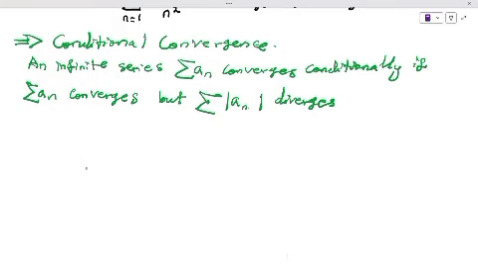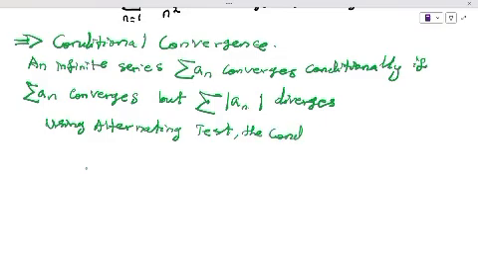Let me write that down. Conditions that must be met using the alternating test. The first one is that an must be positive.